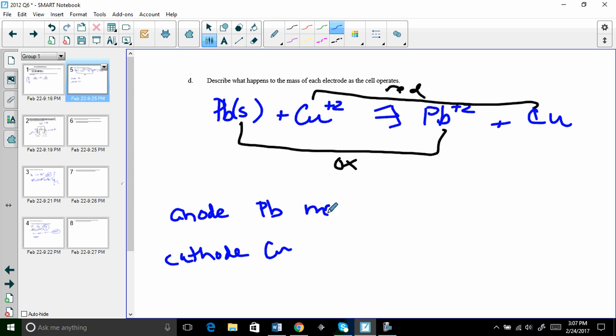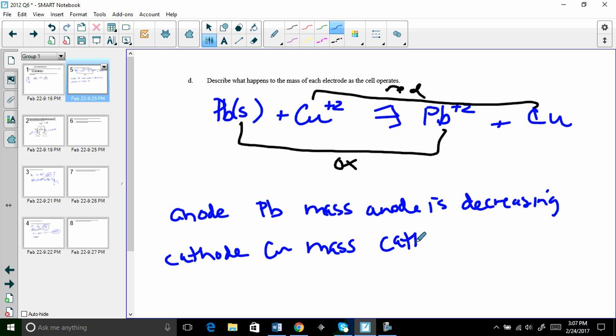So the mass of the anode is decreasing. And then this shows that the copper metal ions in solution are being deposited, and the mass of the cathode is increasing.